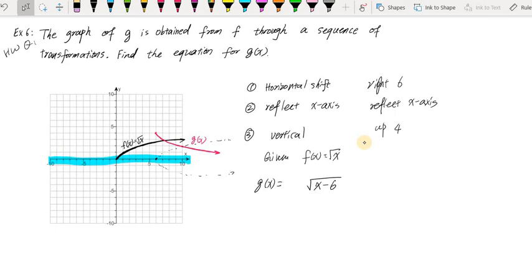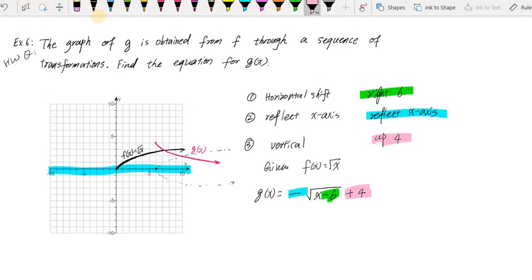That is f of x minus 6, with parentheses around the whole thing. And then from there, we look at the reflection about the x-axis, which means your negative sign is at the front. And then up 4 means it's a plus 4. So for each piece you need to make sure you know where those come from. That is your final answer for this piece.